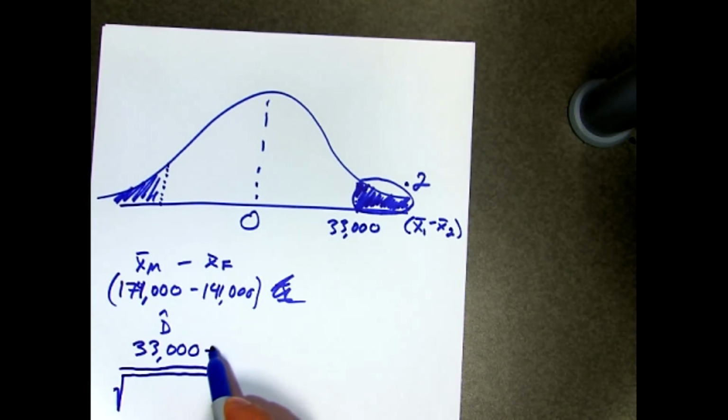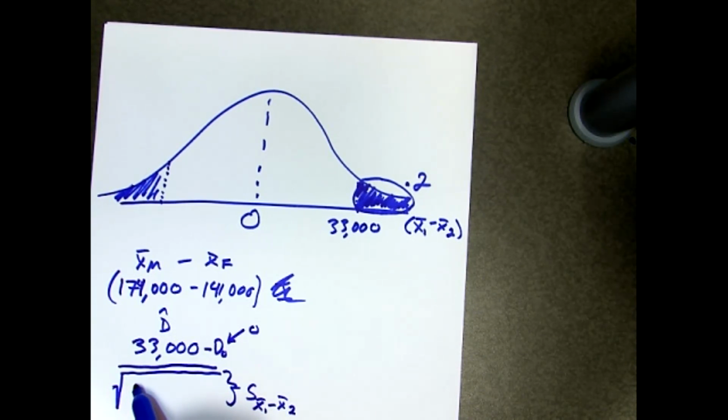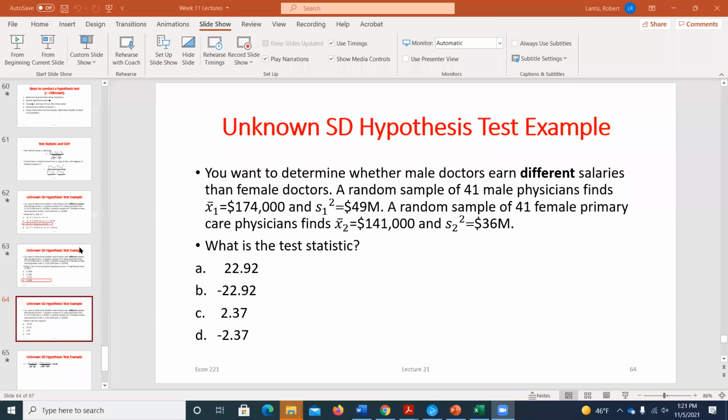So from here, right, this was actually like the numerator of our test statistic, right? Because we were subtracting the assumed true difference of 0. We then divide by the standard deviation of our sample means, which was just each group's variance over its sample size. So I'll go back and use the slides to depict this to you.